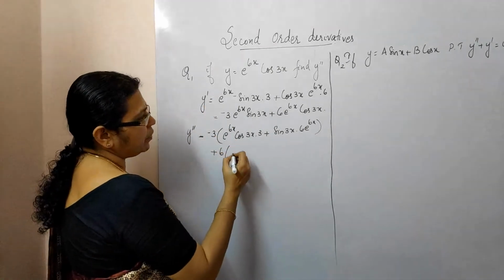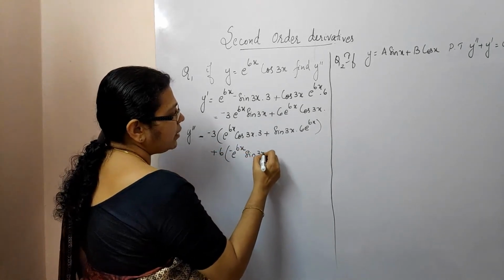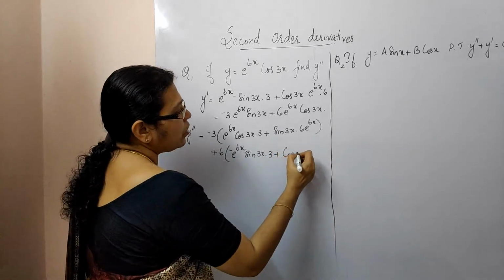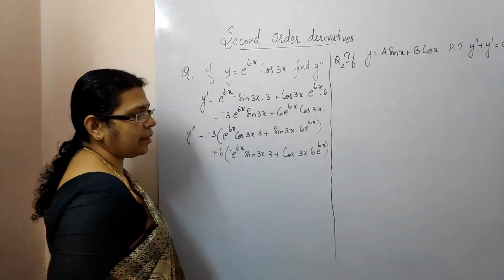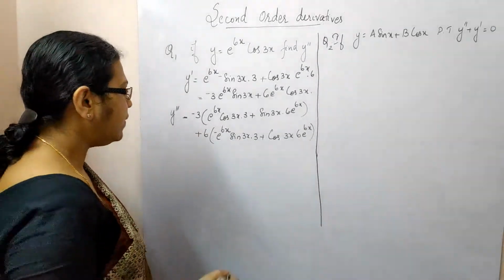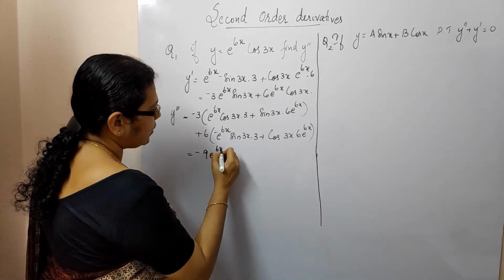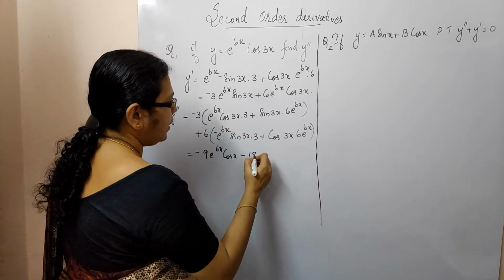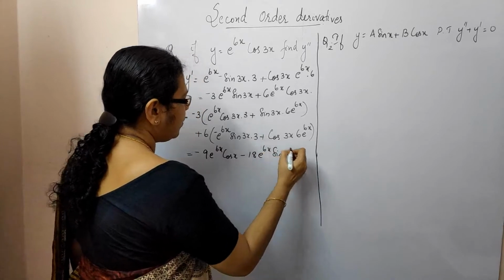Plus 6 into e raised to 6x into minus sin 3x into 3, plus cos 3x into 6 e raised to 6x. Am I clear? Now I take this negative 3 inside. What do I get? Minus 9 e raised to 6x into cos 3x minus 6 threes are 18 e raised to 6x into sin 3x. Okay.